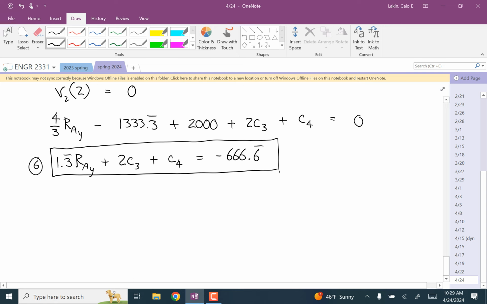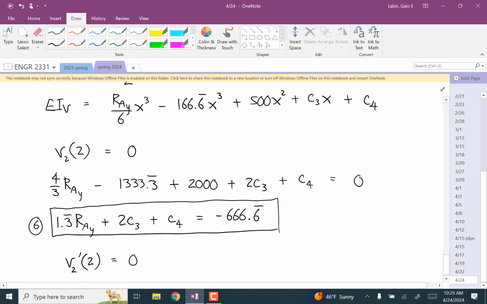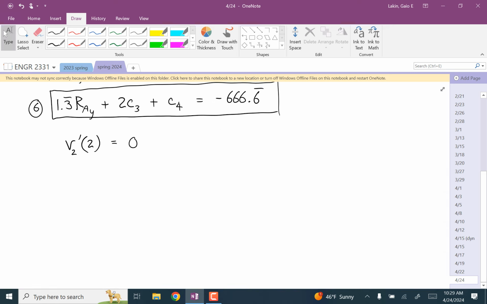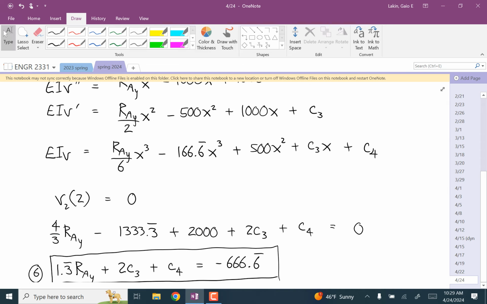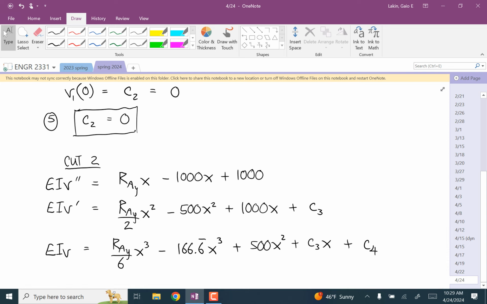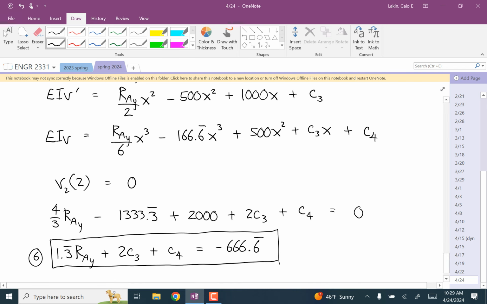And now we'll use the requirement that V prime using cut 2 evaluated at x equals 2 is equal to 0. We have this expression for EI V prime. One thing I shouldn't gloss over is that I'm not using the deflection equal to 0 and the deflection prime equal to 0.